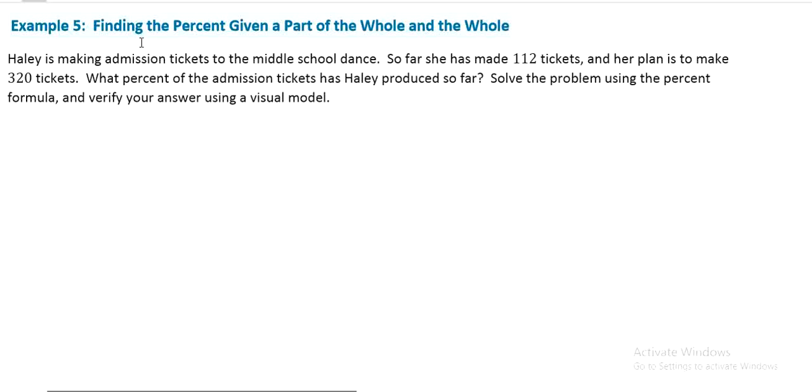So we'll go ahead and get that percent formula back in there again. There we go, we have the part equals percent as a decimal multiplied by the whole. Now we just have to interpret this correctly to make sure we understand what we're given and what we don't know. It says so far she has made 112 tickets. We're looking for the percent of admission tickets she has produced so far. She planned to make 320. She only made part of it, which is that 112. The part she made so far is 112, so we'll fill that in.